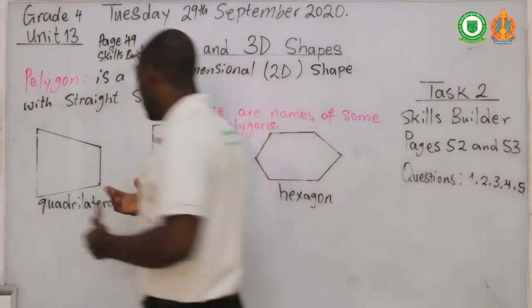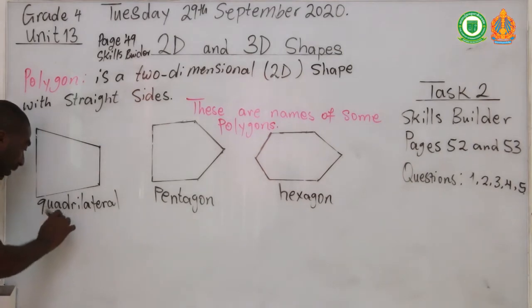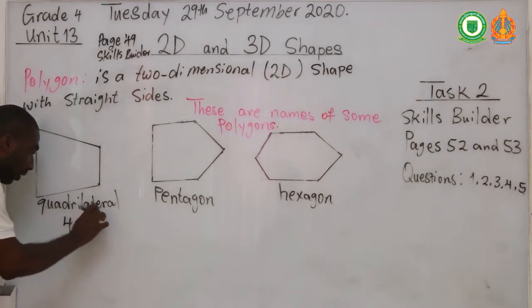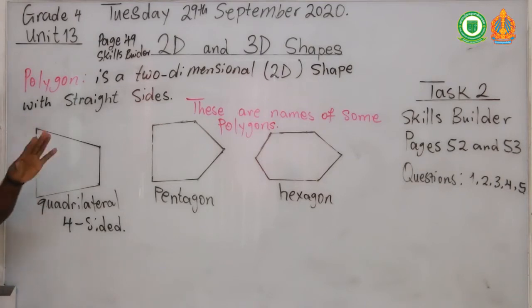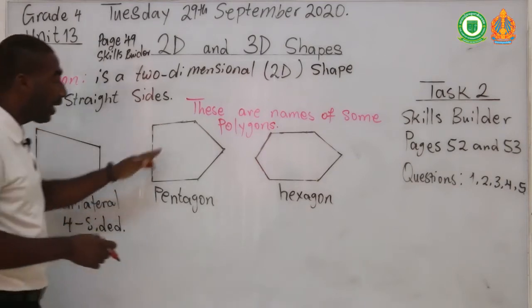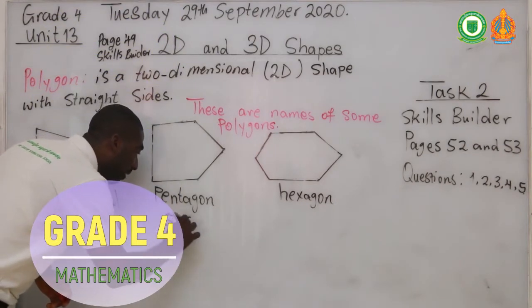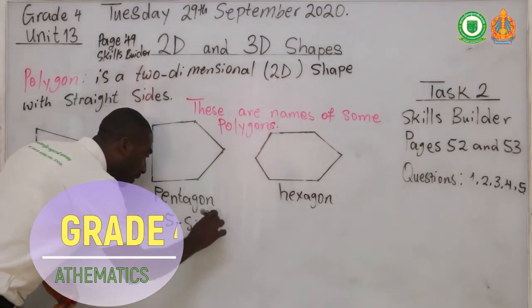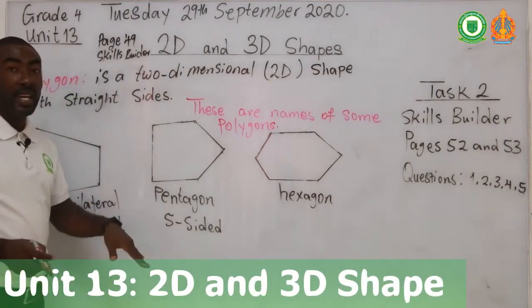So let's do a bit of clarification about this, okay? So a quadrilateral is 4-sided. That means it is having 4 sides, okay? A pentagon is a 5-sided shape. That means it is having 5 sides, okay?